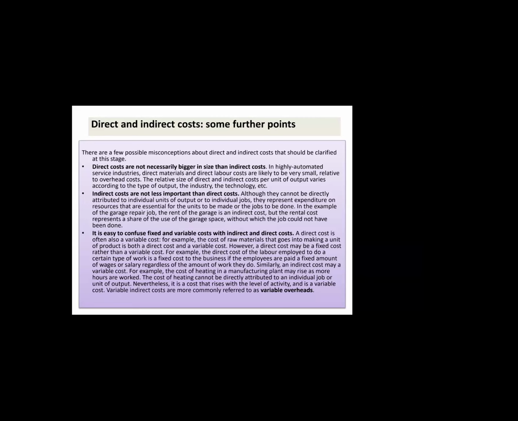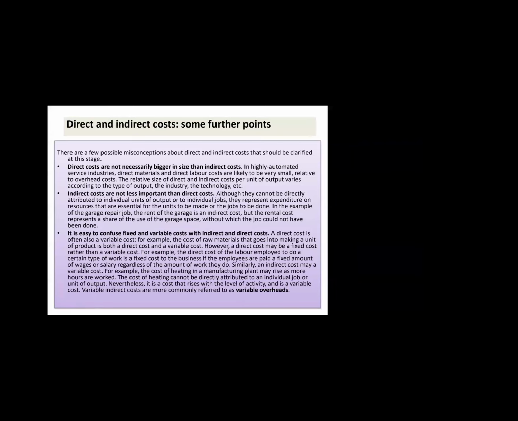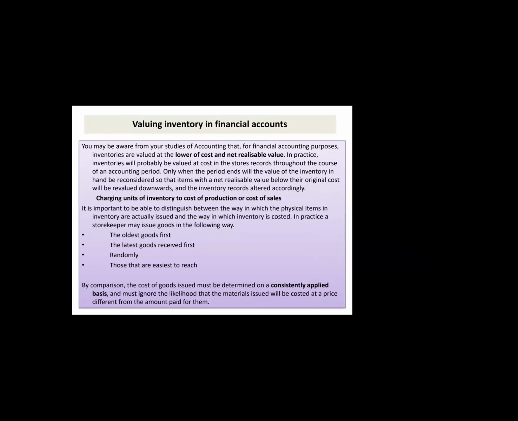Indirect cost can be fixed, indirect cost can be variable. So we have to bear in mind the nature of segregation. In what type do we segregate cost? Are we segregating fixed, variable and semi-variable, or are we segregating cost as direct and indirect? We can be very much confused with direct cost and indirect cost, so we have to be very careful while answering questions about these topics.